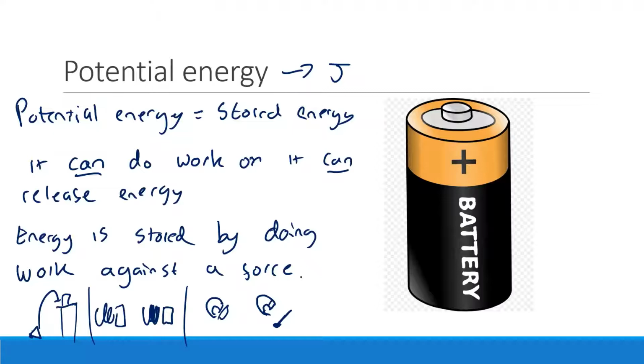When you move the rice up onto the top shelf, that rice could fall down to the ground and release its energy, but it won't, because it's on a wooden shelf. So we say, because it could fall down, it has potential energy.